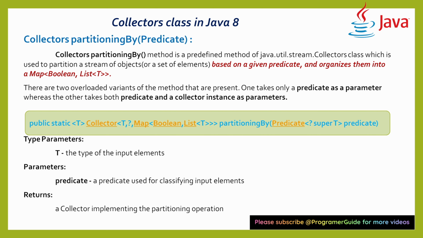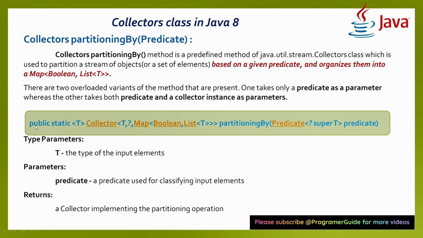There are two overloaded variants of the partitioningBy method. One is partitioningBy predicate, and the second one is partitioningBy with a collector. Now we will see how partitioningBy predicate works.